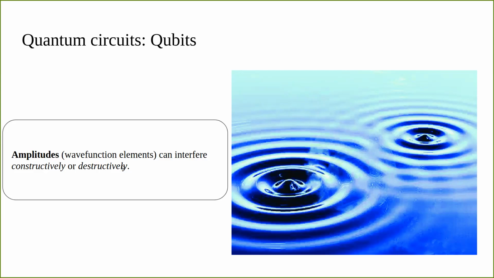And because of that, if you sum them up, you can have a positive and a negative in the summation, and that can go to 0. So that's destructive interference. And if they both are positive and summed together, that's constructive interference. A common picture of that is waves on the surface of a body of water, as shown here. So there are areas of constructive interference and areas of destructive interference.